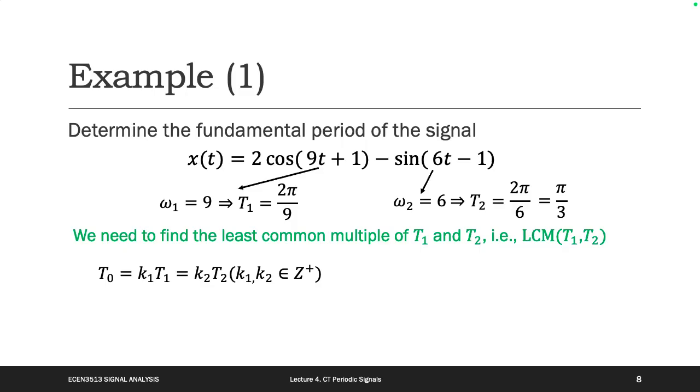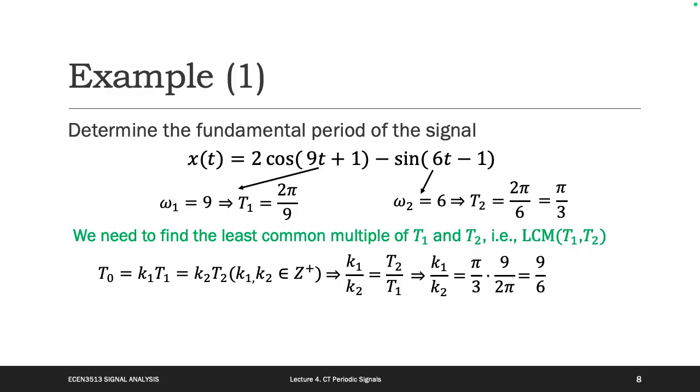From this equation, we know K1 T1 equals K2 T2, so T1 over T2 equals K2 over K1. We know this one and this one, so we can get this value, right? So let's do that.